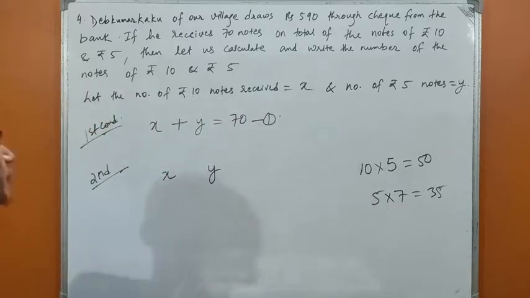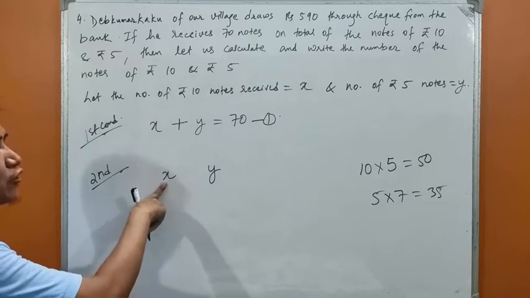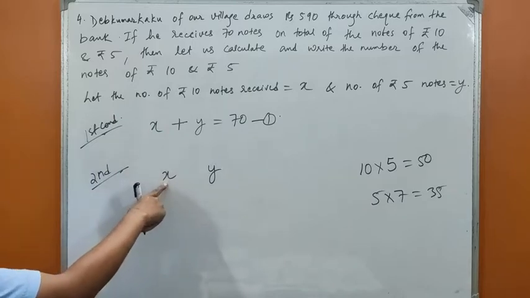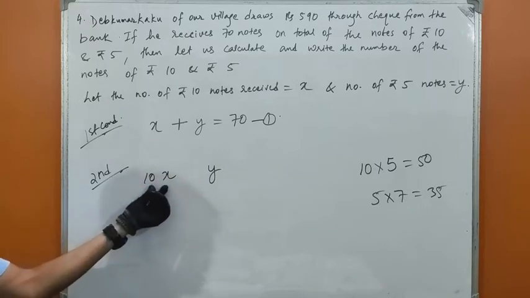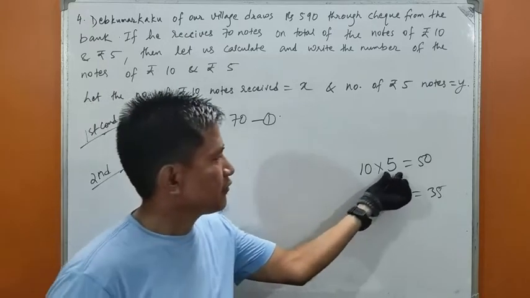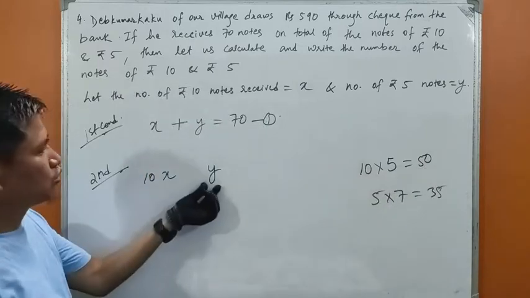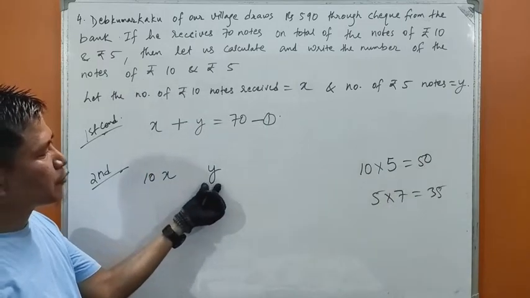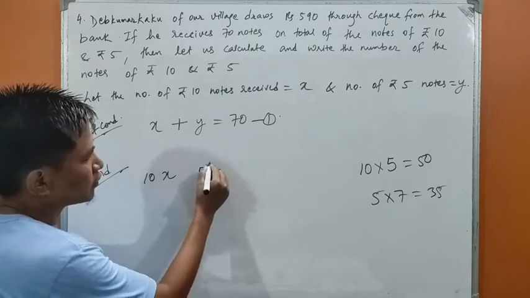Same concept here. He has x number of 10 rupee notes, so 10 into x gives the amount of money. He has y number of 5 rupee notes, and if you multiply with 5, you will get the amount of money.